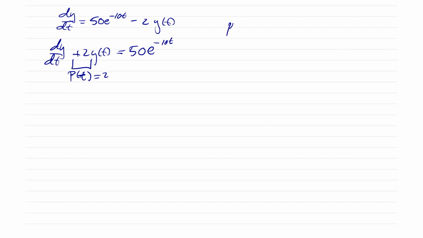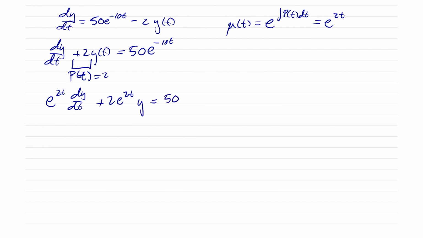Again, we're looking for our integrating factor, so mu of t is going to be e to the integral of p of t dt, and so that's equal to e to the 2t, because p of t is just 2. Okay, now we multiply both sides, and so we get e to the 2t dy by dt plus 2e to the 2t times y is equal to 50 times e to the minus 10t.